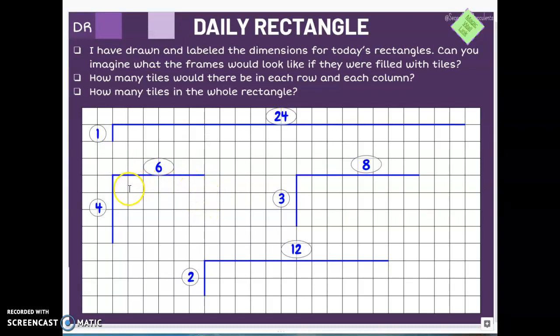And if there are 12 in these 2 rows, there must be 12 in these 2 rows, and 12 plus 12 is another double to make 24. That's good thinking. If our first 2 rectangles have 24 tiles, how many tiles must our next 2 rectangles have? Now show a connection if you're thinking 24 again. That's good thinking.